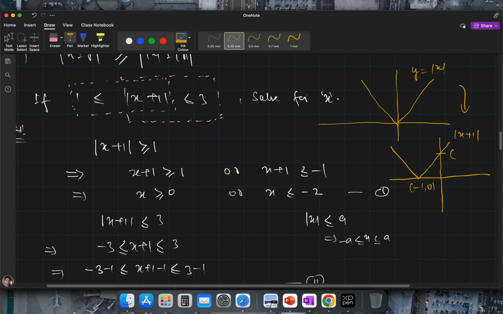What is the equation of this line? Can you tell me what is the equation of this line? What is the angle of this line? So y equal to x? No. What is the slope of this line? 45? Oh my god. Slope can never be an angle.